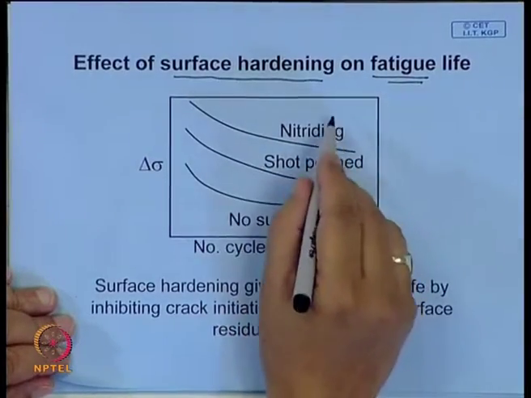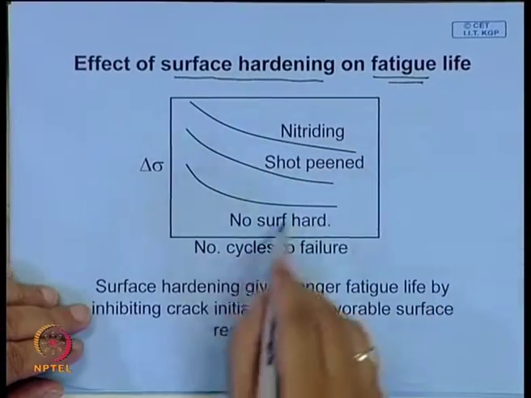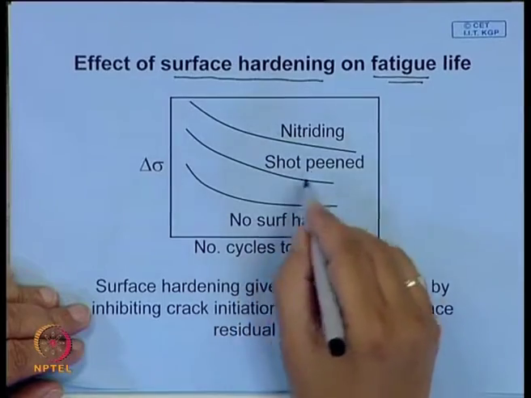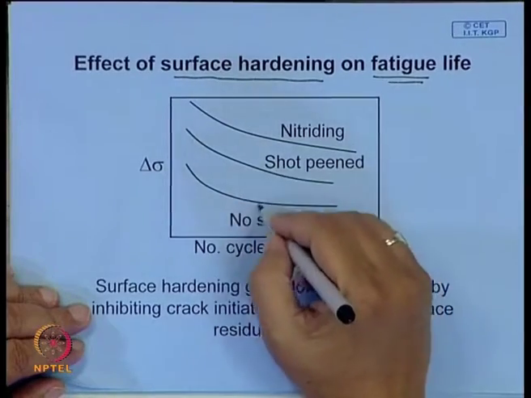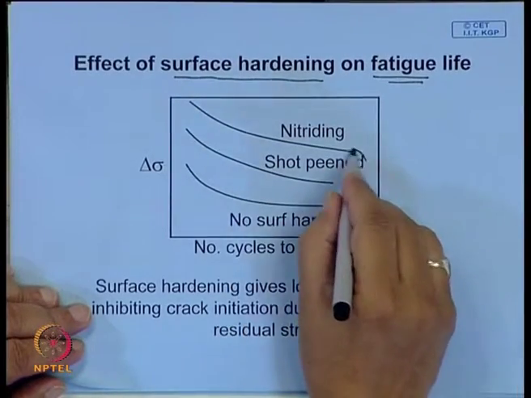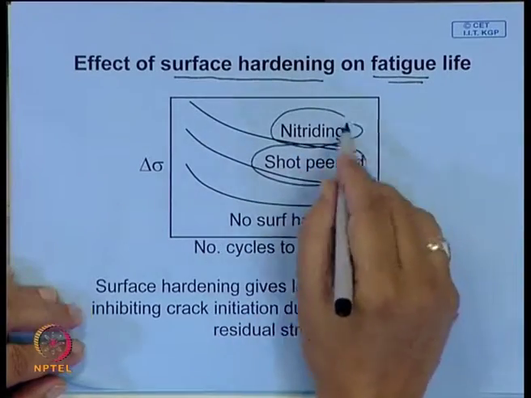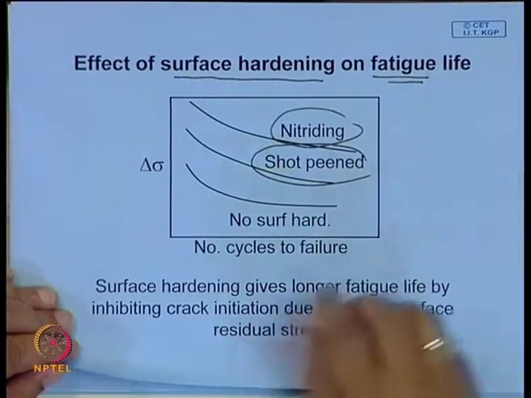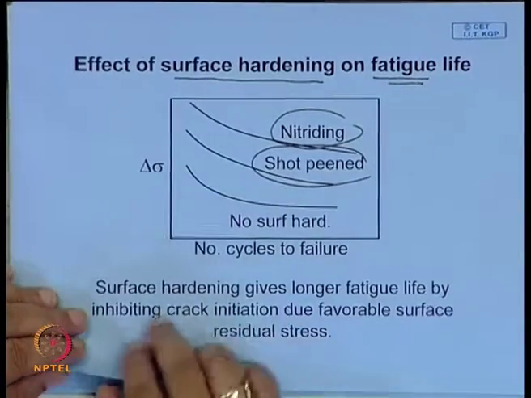Many of these rotating components are given this treatment, which is shown over here. This is the endurance limit. It increases by giving this kind of treatment; this is the effect of shot peening, this is nitriding. Many shafts are given this nitriding heat treatment, particularly high performance turbine shafts.